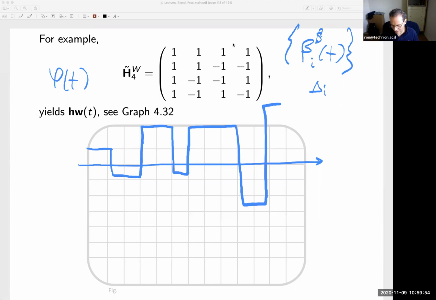And again, remember that all these changes are happening at exactly delta i's. So if these were my functions, and I had to represent them by this set of orthonormal functions, then I know more than that. I know that this would be a basis for the piecewise constant functions that change sign every delta i, because I can represent all of them with a standard basis.